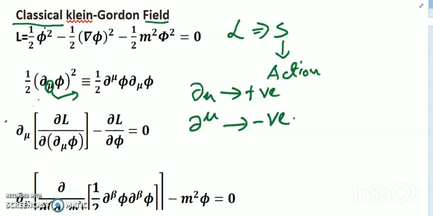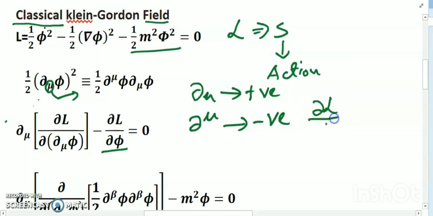Now del L by del phi is equal to m square phi. So del L by del phi is equal to m square phi.